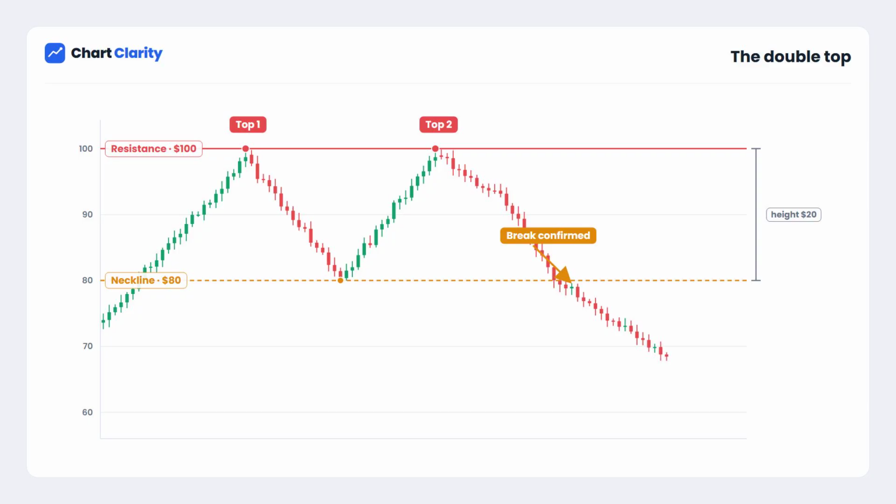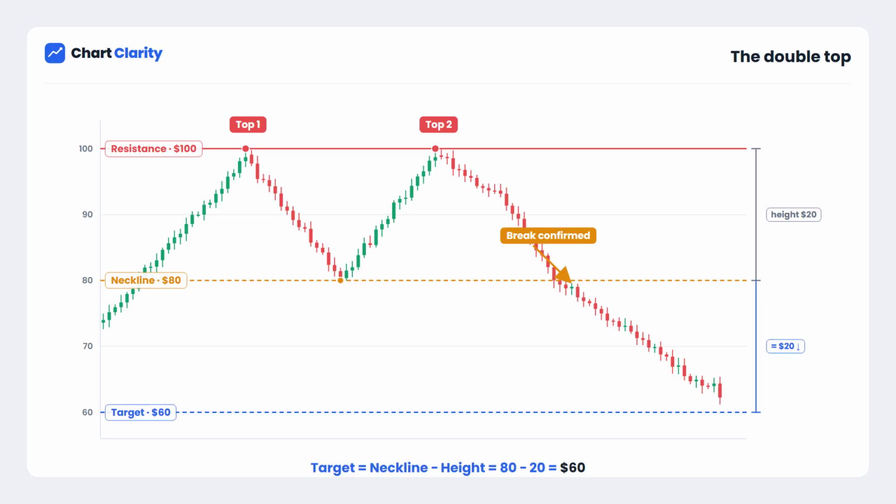Then you take that same $20 and you project it straight down from the neckline. 80 minus 20 gives you a target of $60. That's called the measured move. The idea is simple. The energy it took to build that pattern often gets released in a fall of about the same size.